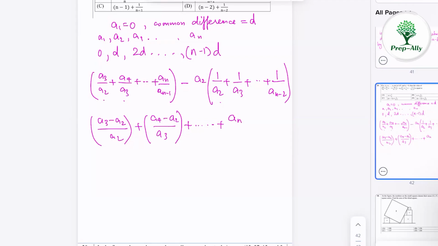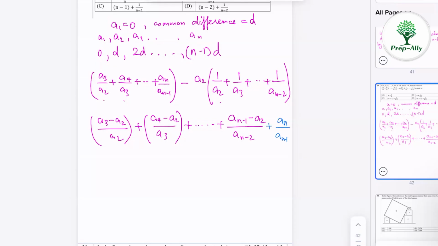AN minus 1 minus A2 by AN minus 2. And we'll have this extra term here with the denominator AN minus 1 because it doesn't exist in this series here. So plus AN by AN minus 1.